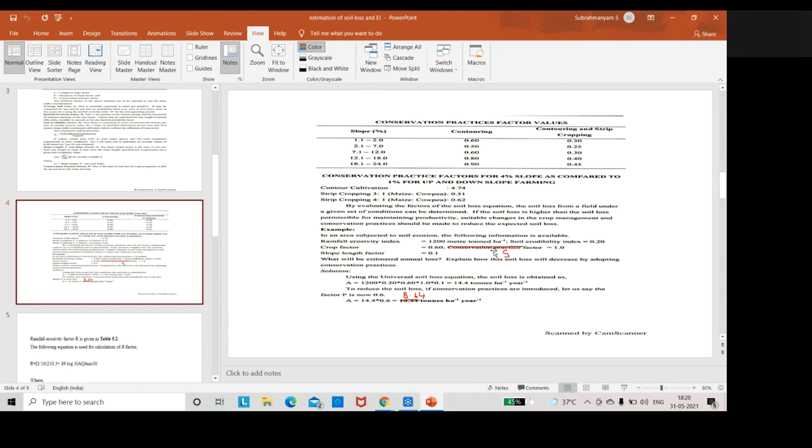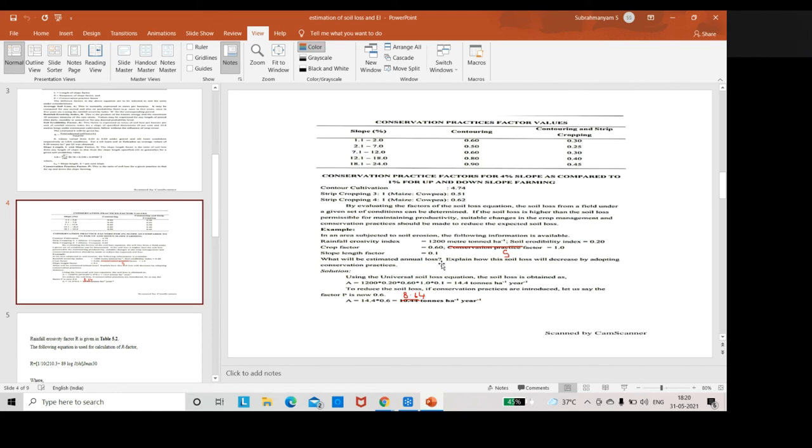S, the slope gradient, is 1. Slope length L is equal to 0.1.